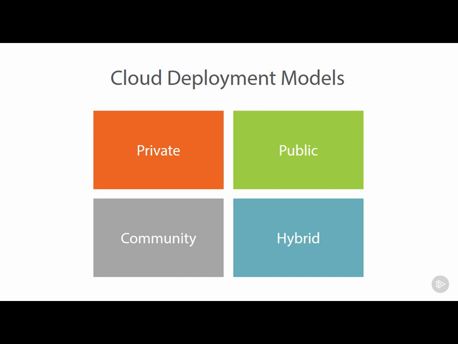In theory, the hybrid model is the best of all worlds. It allows an organization to leverage that elasticity and commoditized pricing model that's so attractive externally with the security and privacy which a lot of organizations still like to see internal. What I hope these models help you understand, though, is that when we say the cloud as though it is a thing, it's not. It's many different things, and it can have many different deployment models.